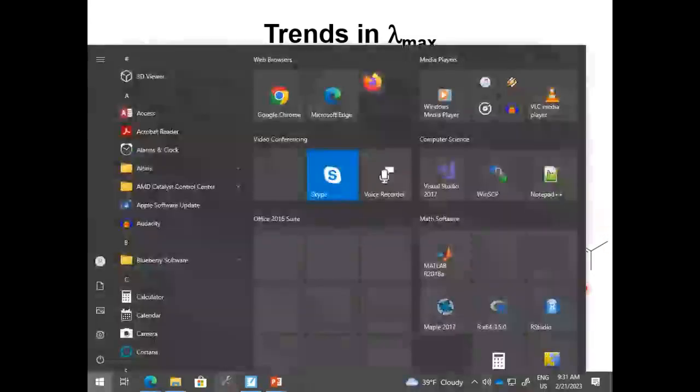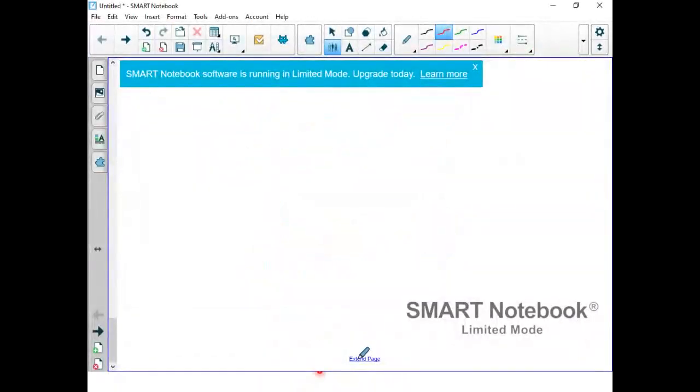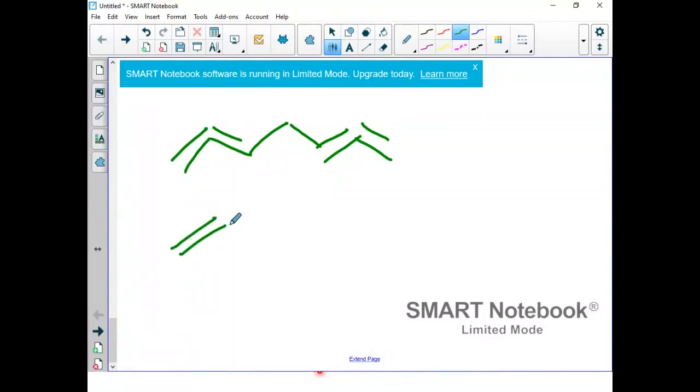So if I give you just one exercise, let's say I give you a group of molecules. Those are all polyenes.